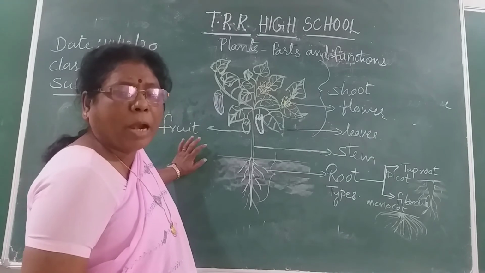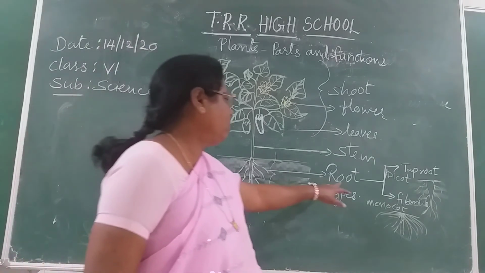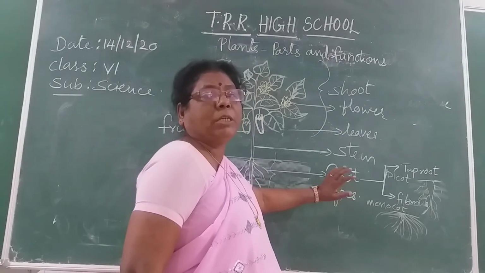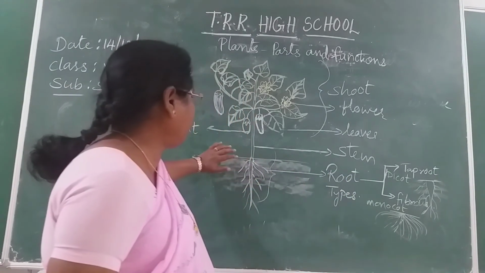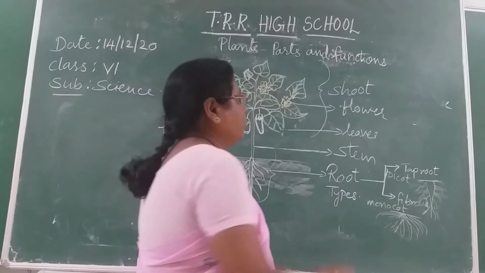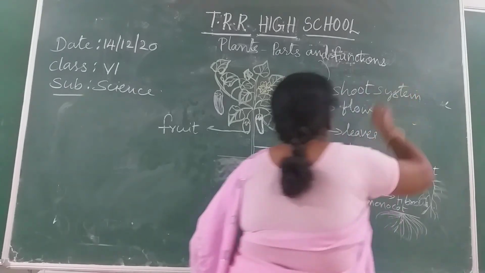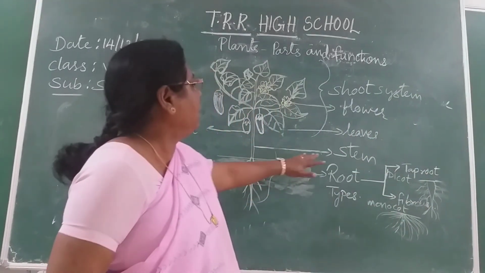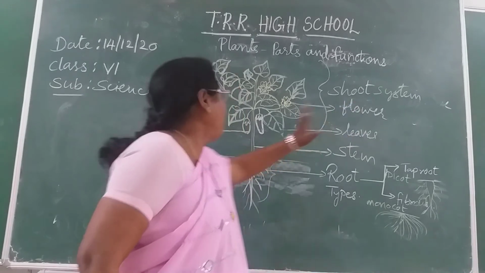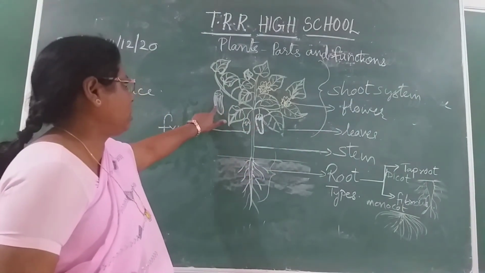The part of the plant which grows in the earth is called the root system, and the part of the plant which grows above the earth is called the shoot system. The shoot system consists of stem, leaves, flower and fruit.